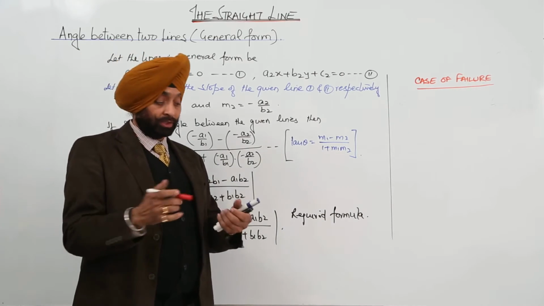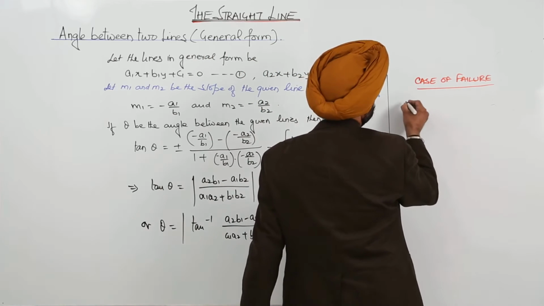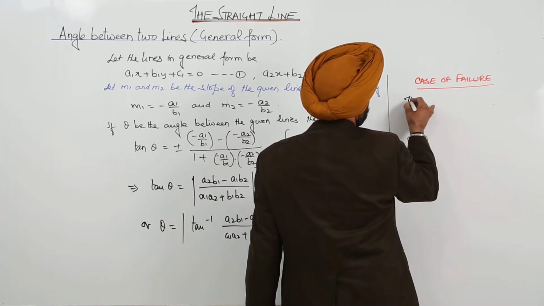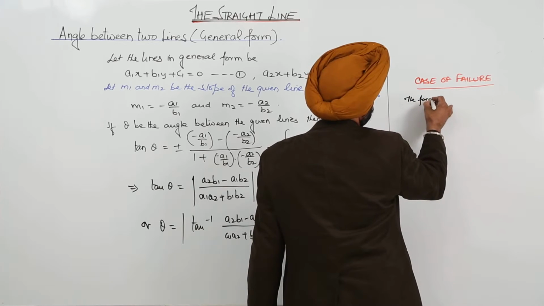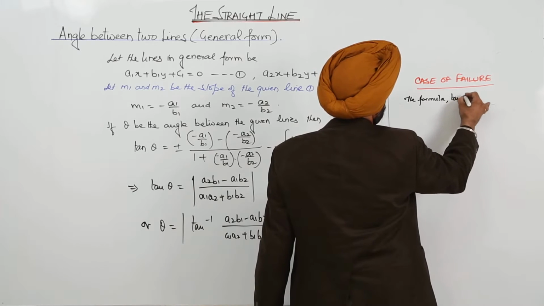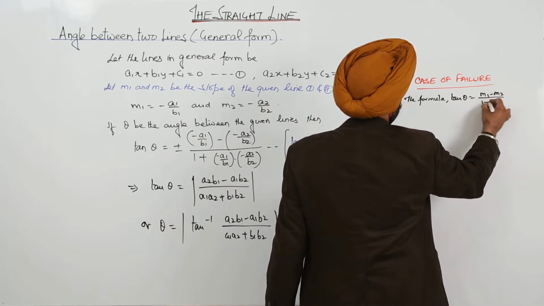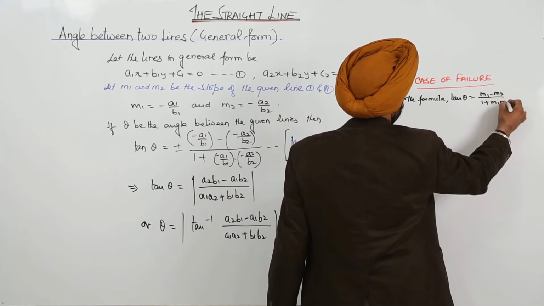But where does it fail? Just look at the formula tan theta is equal to m1 minus m2 upon 1 plus m1 m2.